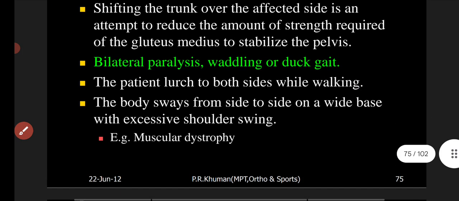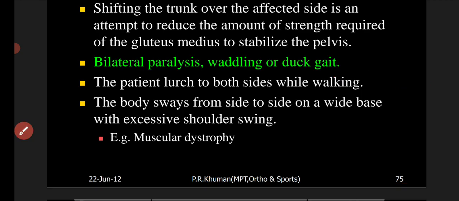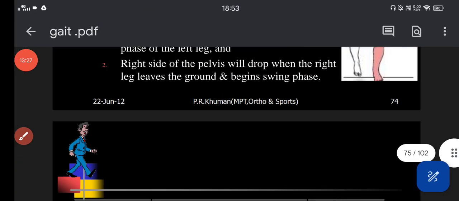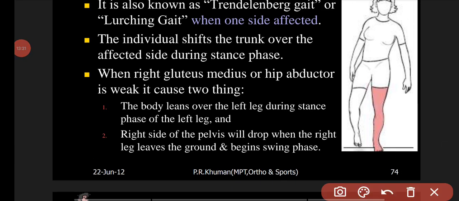In case of the peasant lurch, it is also known as the lurching gait. Okay. The peasant lurches to both sides while walking. See, suppose this side of the gluteus medius is affected.